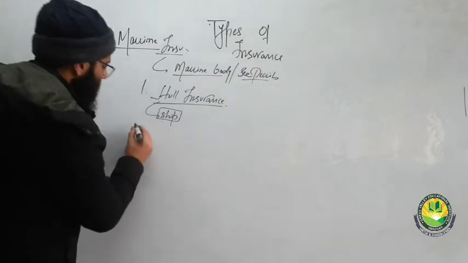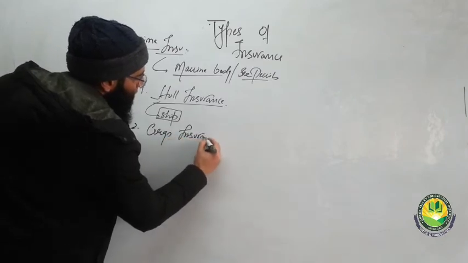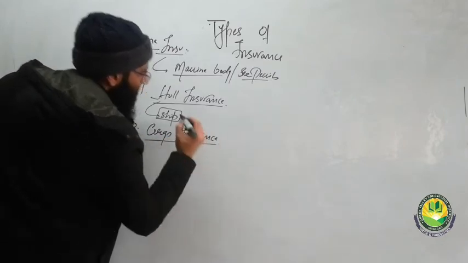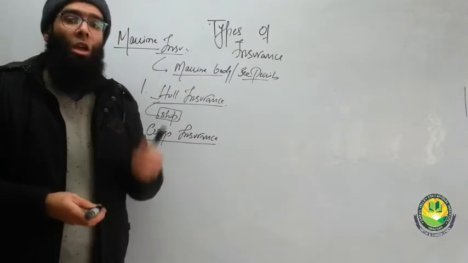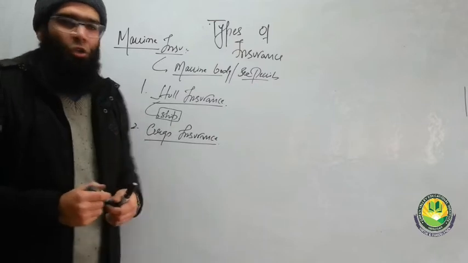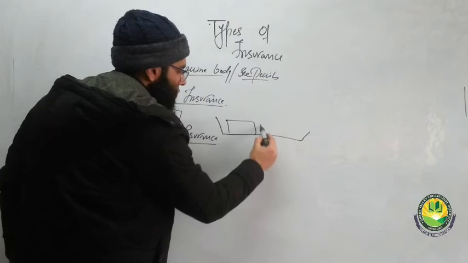Then we have cargo insurance. Cargo insurance is another type of insurance wherein the goods are insured. So the ship we insured, but it carries goods also.